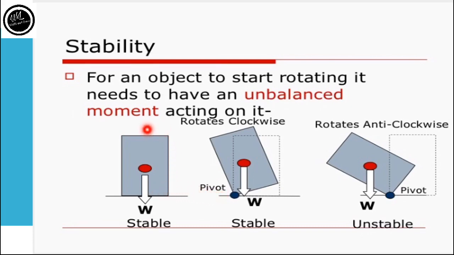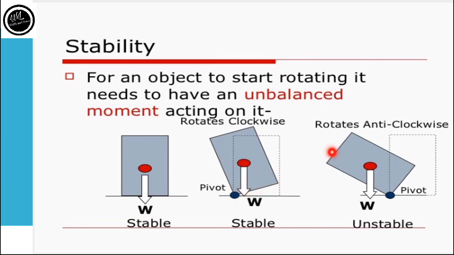But if the center of gravity does not pass through the base of the block, then it will be unstable. Let's say here it is in equilibrium position. If I apply the slightest tilt on this block, its center of gravity rises. Now the block returns to its previous position because the center of gravity passes through the base of the block.